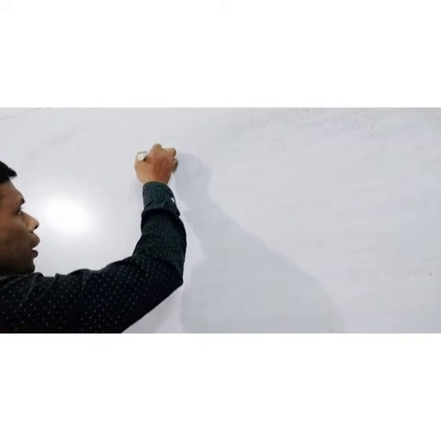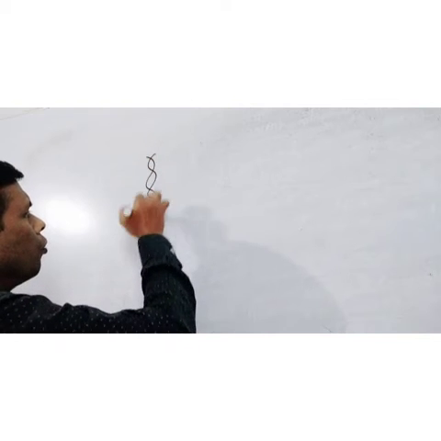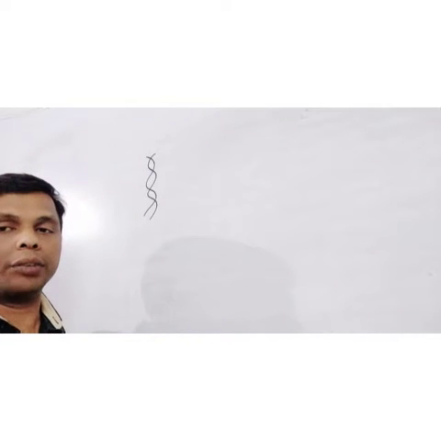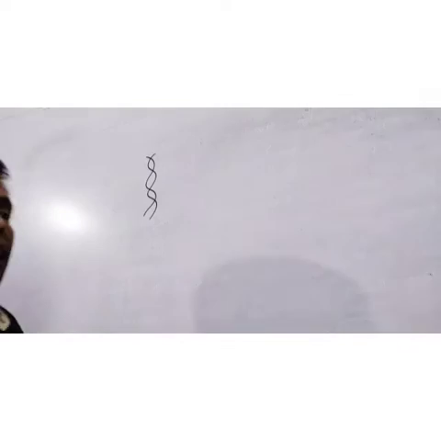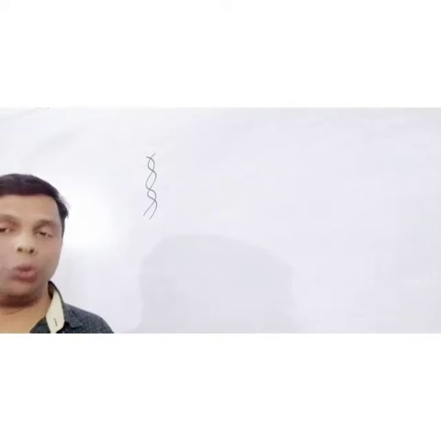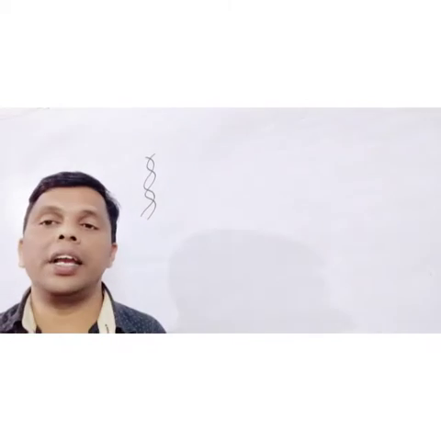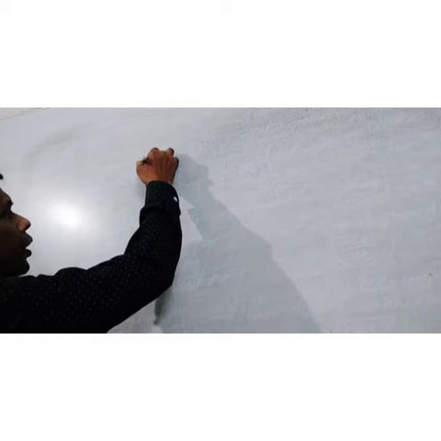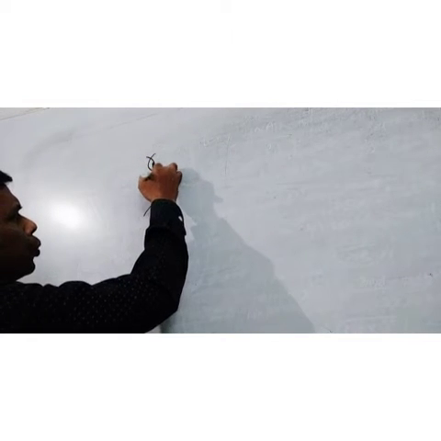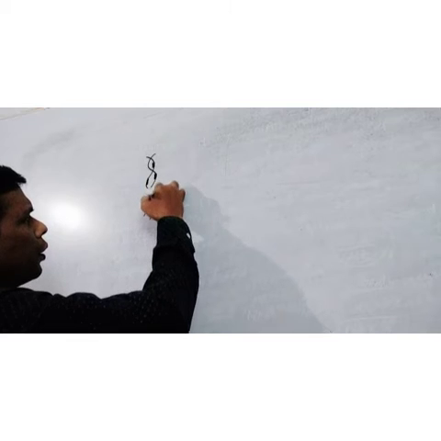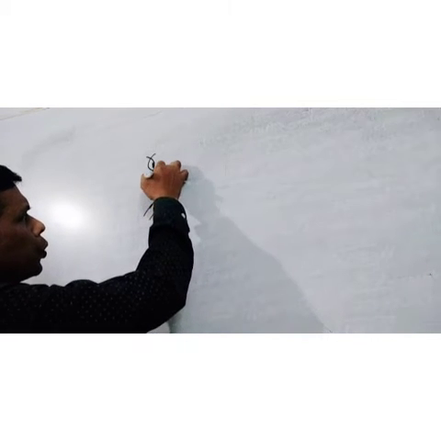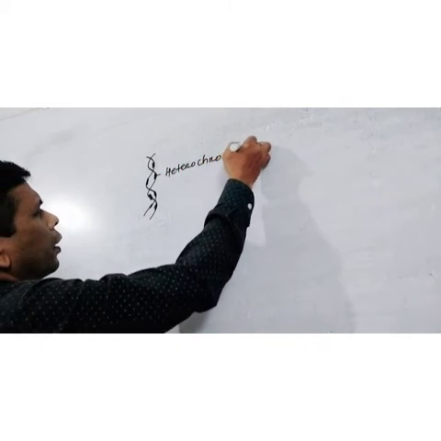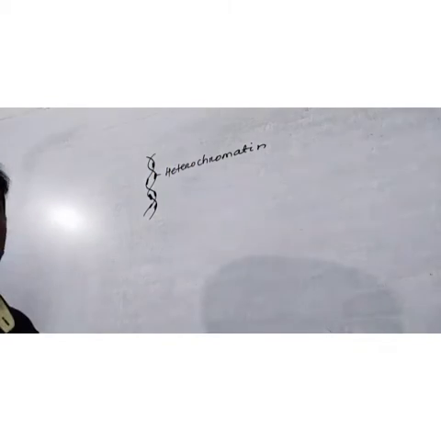Suppose this is the DNA strand. The DNA strand consists of darkly stained area and lightly stained area. The lightly stained areas are called euchromatin, the darkly stained areas are heterochromatin. Suppose these are the heterochromatin zones, other regions are euchromatin zones.